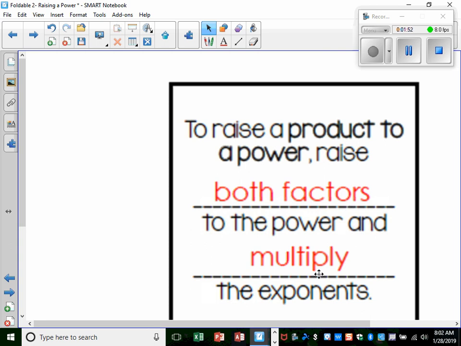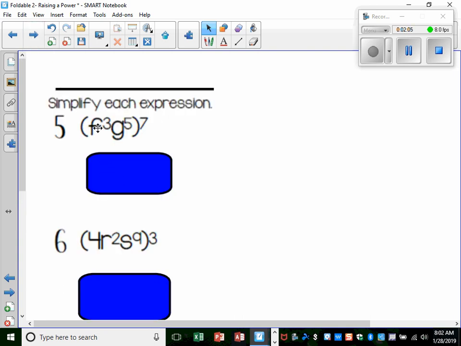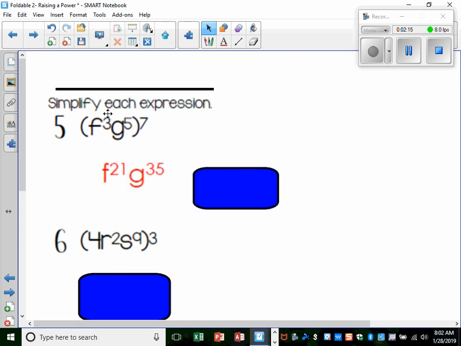To the power, and you multiply the exponents again. So both factors have to be raised by multiplying. So here we go. See how you have an F and a G? It's almost like the distributive property. That power on the outside, you're going to have to multiply by the F, that gives you 21, and then by the G, and that gives you 35.